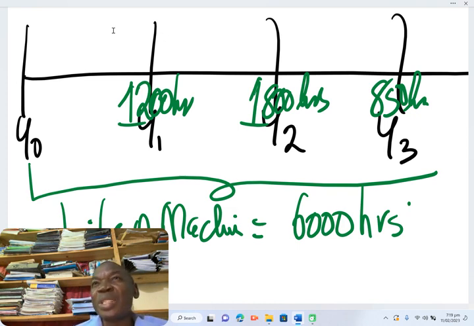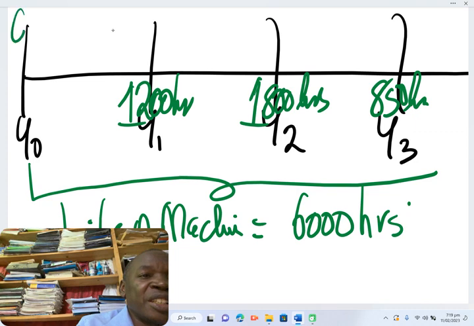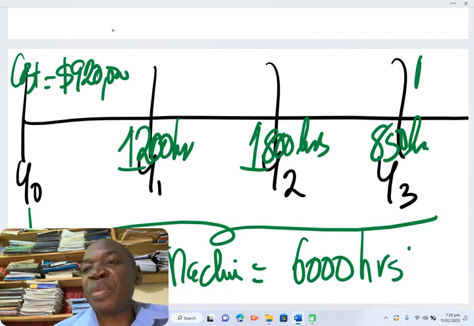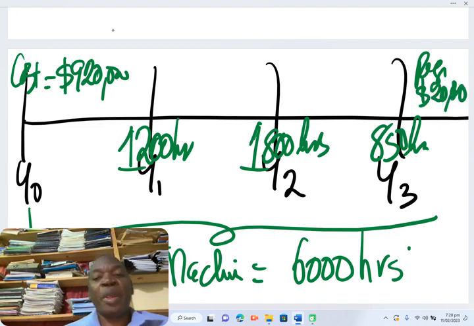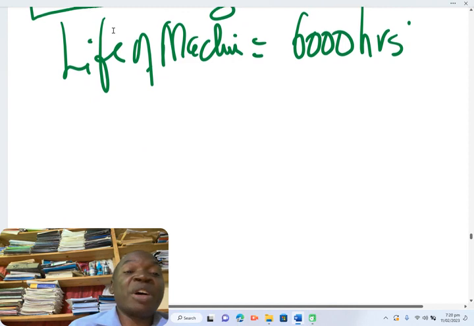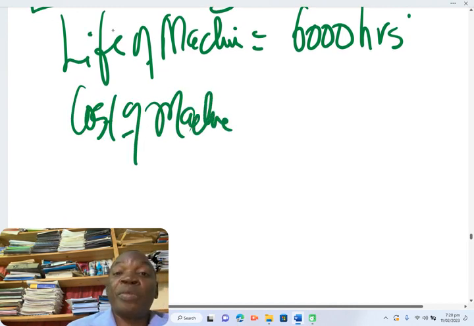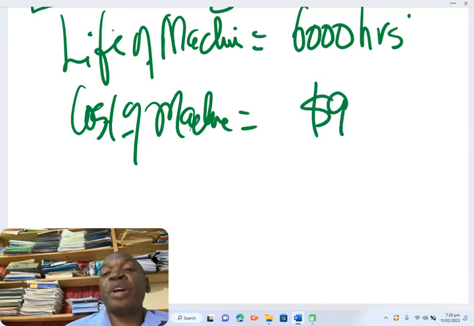Sasa ukisoma ukijumlisha masaa hayajaisha, maana bado mashine nzima. Sasa kitu cha kunotes, tulie kwanza hapo. So pazuri hapa. Cost ya mashine ni dola ngapi? 920. Sasa residual value ni kiasi gani ambacho tumepewa? Dola ngapi? 20. Kwa hiyo hapa ilikuwa rahisi sasa kusema cost of machine dola ngapi? 900,000.